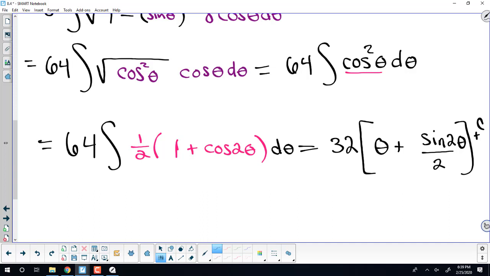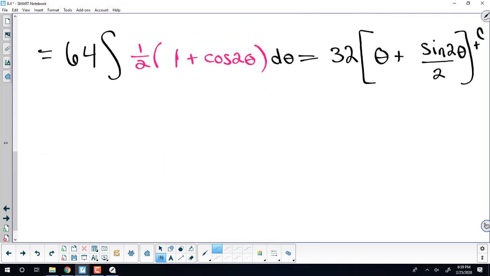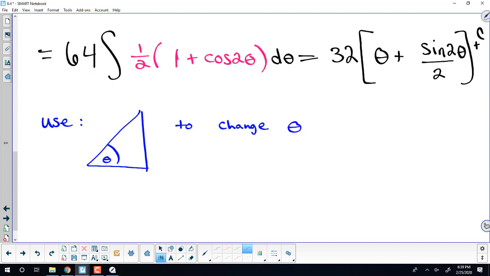Okay. Questions at this point? So we've substituted, simplified, integrated. Now we have this expression involving theta. We want this expression to involve x. So now we have to convert all this theta stuff back into x's. And that's where the triangle comes in. So we're going to use this triangle to change our thetas into x's.